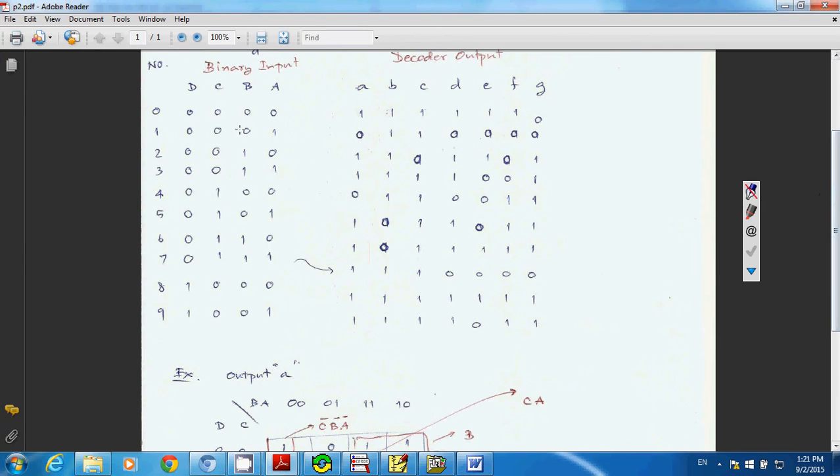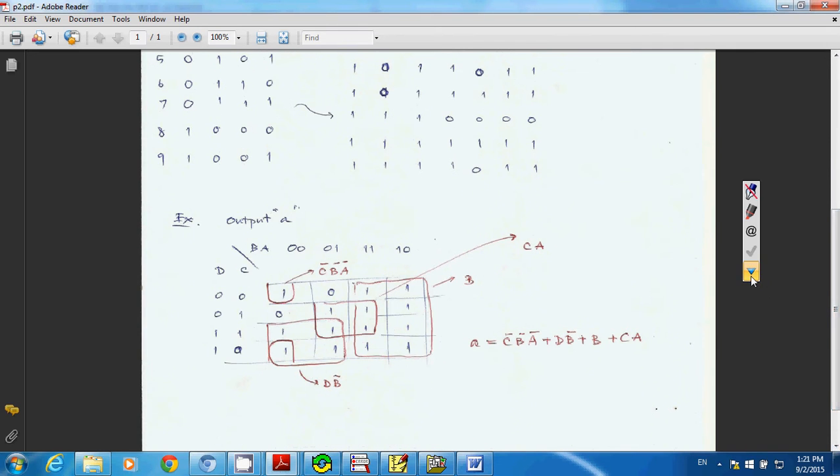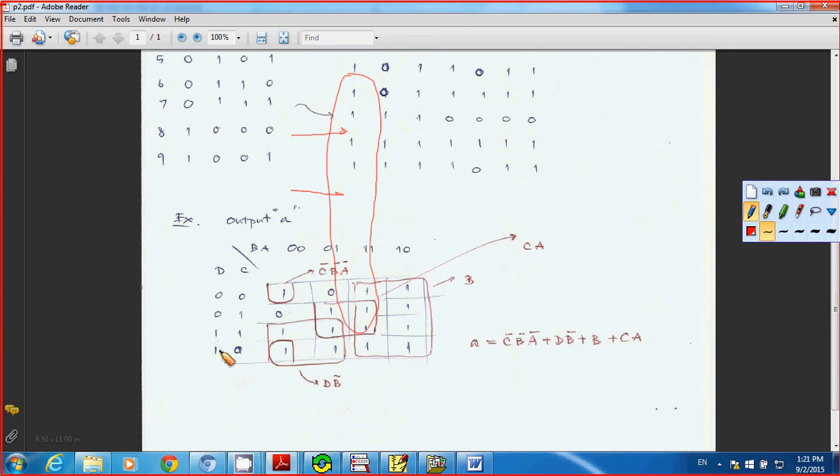Now take a look at this one. I have output A, right? 0 0 0 1. This is your 0 0 and then 1. And this is also B becomes 0.